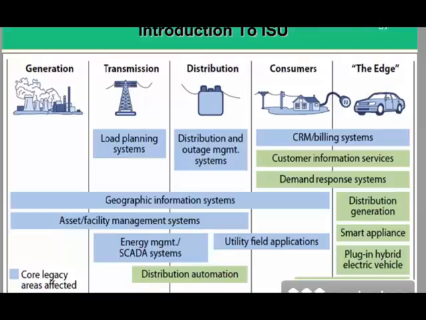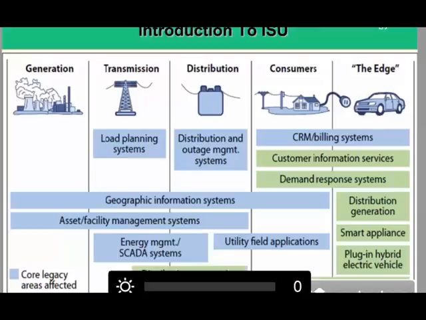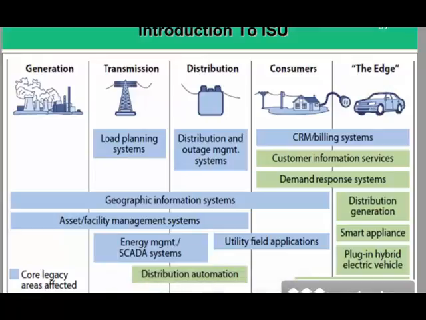Then the consumer, the CRM system, CIC, and the demand response system. Demand response is something which gives control to the consumer. The consumer can ask what the current consumption is for this particular month, and the system will be able to give that.